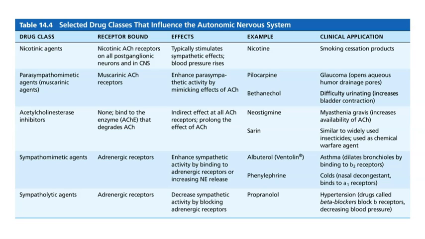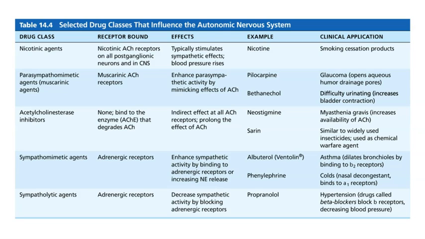This table here highlights a couple of drug classes that bind to and influence both the acetylcholine receptors and the norepinephrine receptors. Nicotinic agents, for example, nicotine, are able to bind to the nicotinic acetylcholine receptors on those postganglionic neurons, and these drugs are going to typically stimulate sympathetic effects.